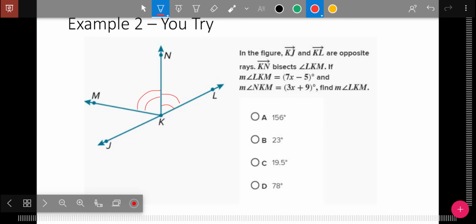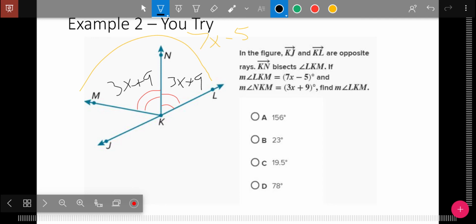And it says the whole thing, LKM, the whole thing, from here to here, the whole thing is 7x minus 5. And then it says NKM here is 3x plus 9. And so if this one is 3x plus 9, I know this one is 3x plus 9. I said it's a strange example.